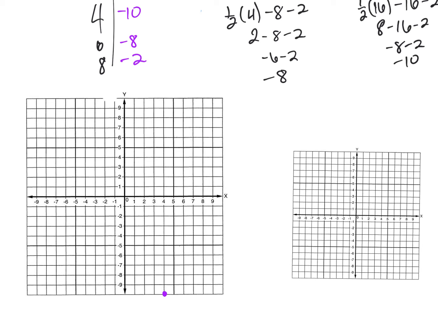That's my axis of symmetry coming through there, at x equals 4. And 6, negative 8. And 2, negative 8. And it was 0, negative 2. And 8, negative 2. So here's my beautiful parabola.